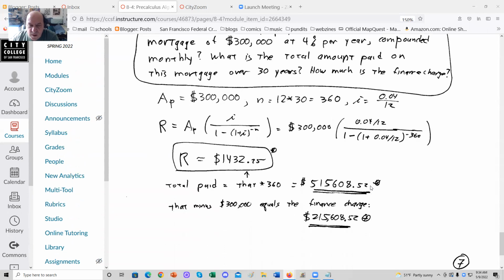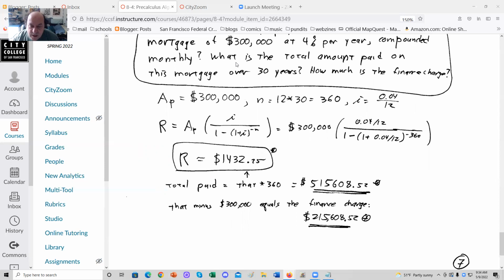So the regular payment is 300,000 times i, 0.04 over 12, over 1 minus (1 plus 0.04 over 12) to the negative n, which is negative 360. So here this is, and churn, out comes the number 1432.25. So that's $1,432.25 for the monthly payment.